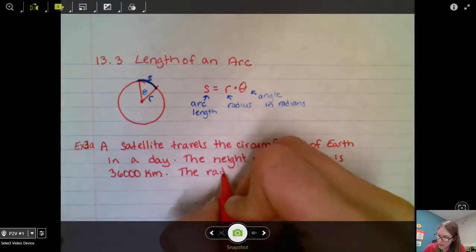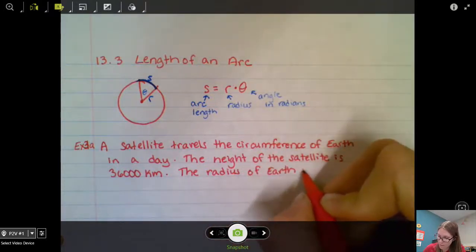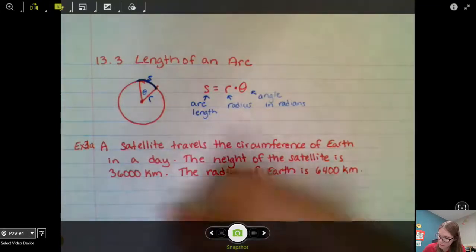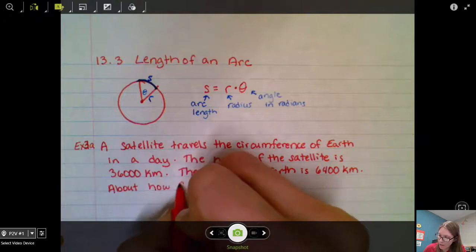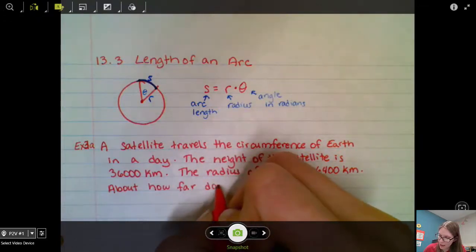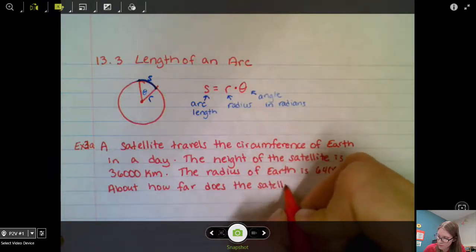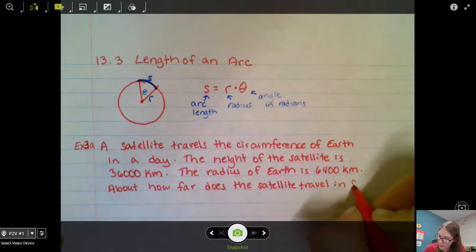The radius of Earth is 6,400 kilometers. About how far does the satellite travel in 8 hours?